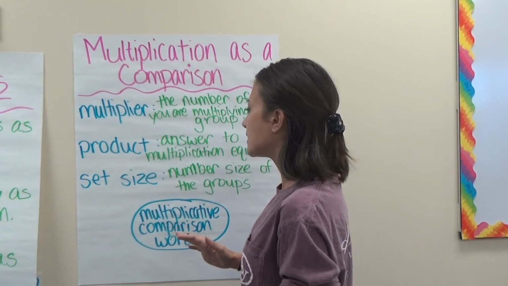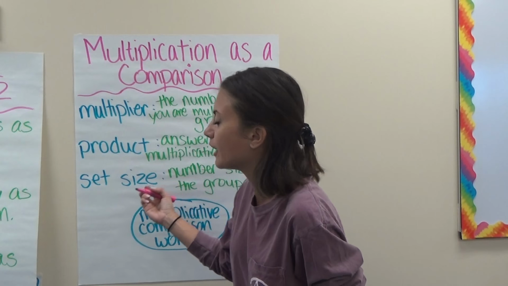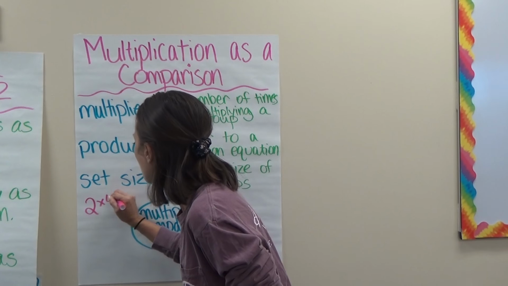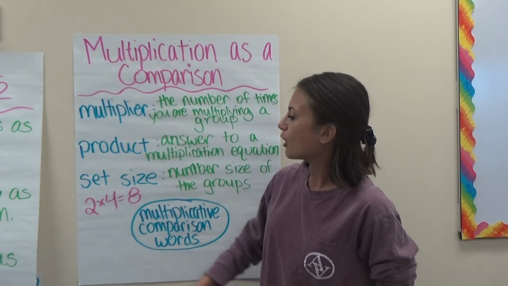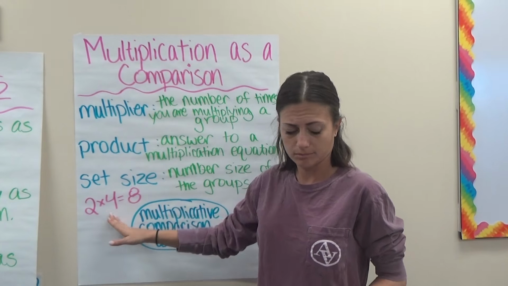Now, what exactly does that look like? Well, let me show you an example. If I come down here and I do just a basic one, let's do 2 times 4 equals 8. And I tell you there are 2 groups of 4, okay?